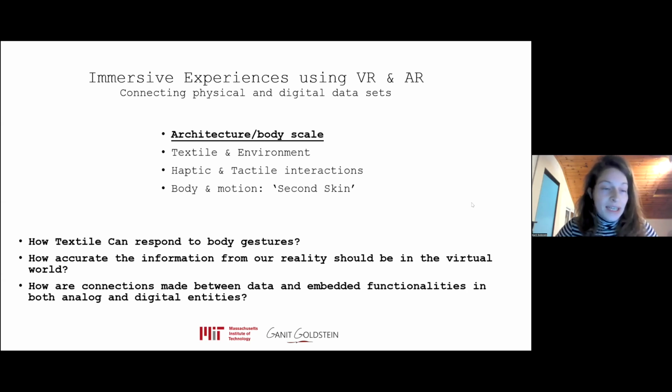But I would also like to hear any insights you have about the connection between textiles and body gestures, how the worlds of virtual and physical are connected, and how accurate the information from reality should be in the virtual space. Should it be the same? Maybe it shouldn't be.